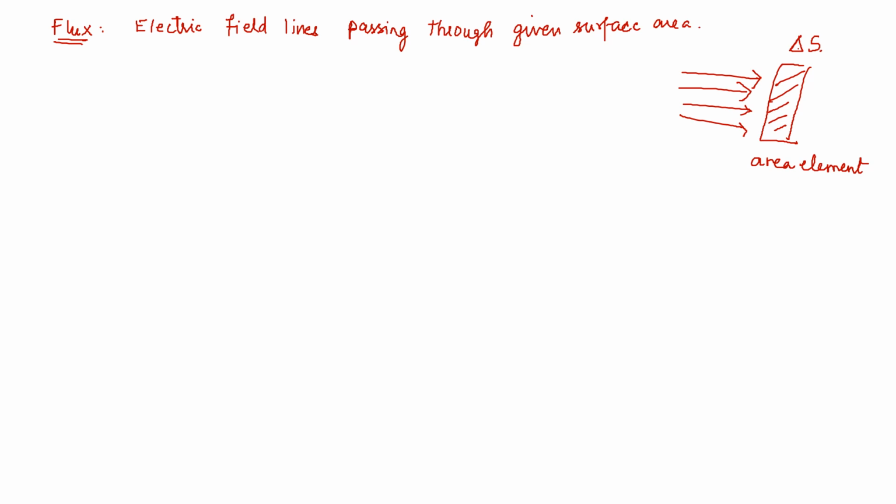Now the formula for flux is given by electric flux xi equals E, the electric field, dot product with the surface. Now when the dot product is expanded, we get E del S cos theta.